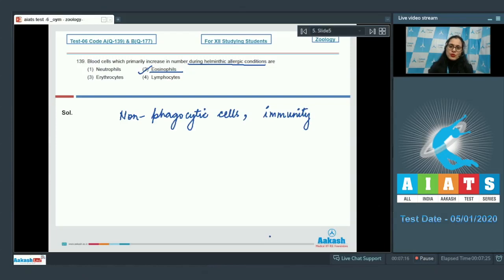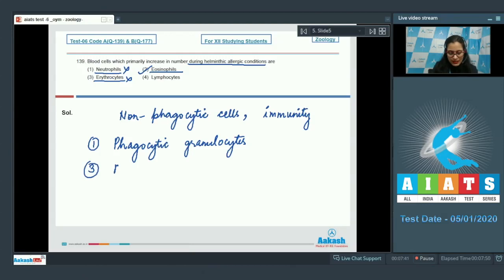Let's discuss the rest of the options. The very first option given is neutrophils, and this is an incorrect option. Neutrophils are phagocytic granulocytes. The next option is erythrocytes, and this cannot be a correct answer to our question. Erythrocytes are red blood cells or RBCs which carry or transport oxygen and some amount of carbon dioxide.